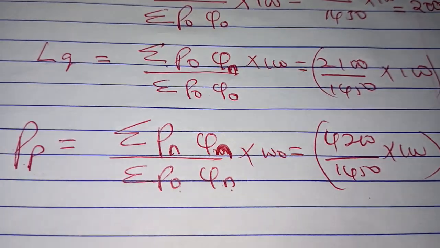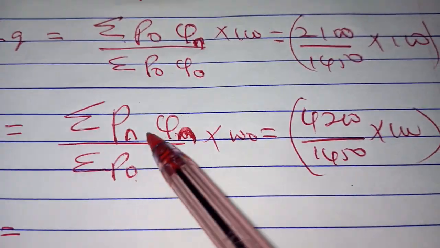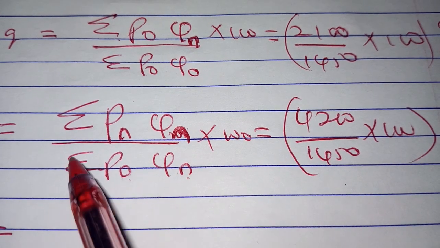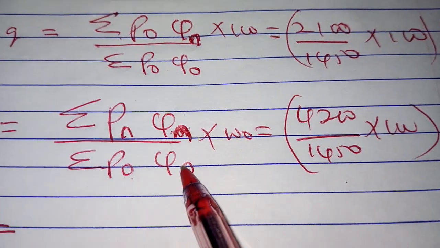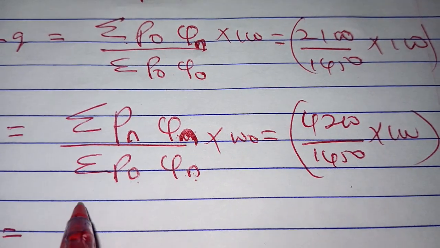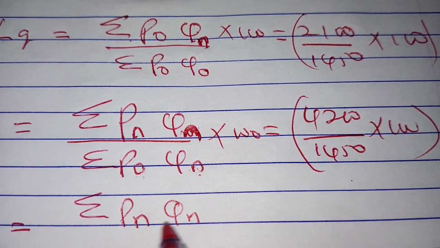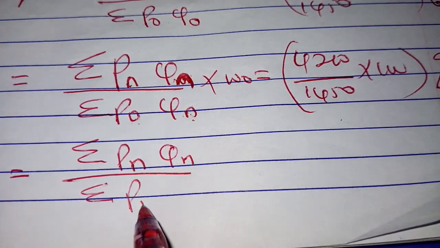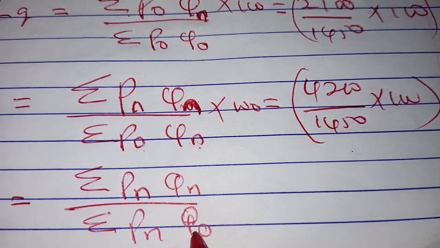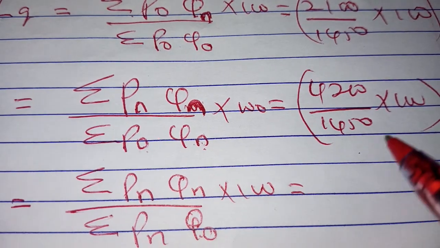Once again, lastly, we shall have the partial quantity. Just like we've done PNQN over POQN, the same way we shall have the Q now being the Q0 in the denominator. So we shall have summation PNQN divided by summation PNQO. You can see the quantity is the one having a 0 in the denominator, and then we multiply by 100.